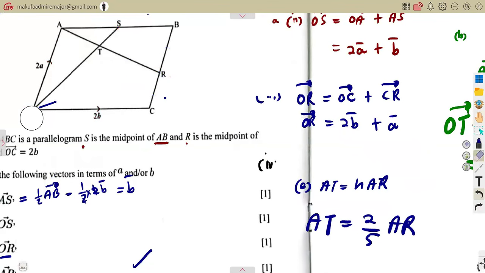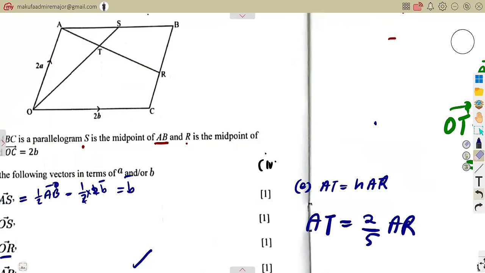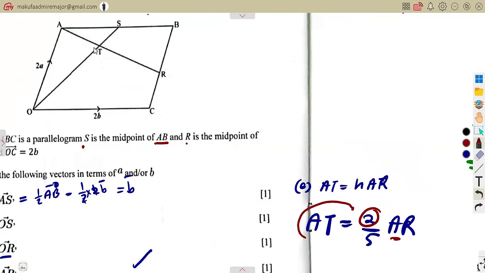This is your diagram. Let's analyze this ratio from the diagram. AT is 2 over 5 of AR. What does it mean? It means AT occupies two parts from A to T. It carries 2 parts of the 5 parts AR is having.